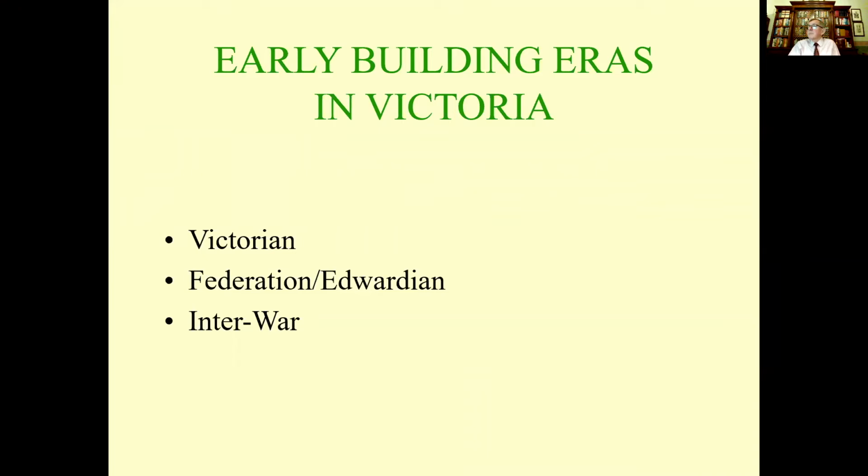So the principal distinctions are the Victorian period, up to the end of Queen Victoria's reign, 1900, Federation Edwardian, which is up to World War I, and the interwar period, which is obviously between the two world wars.